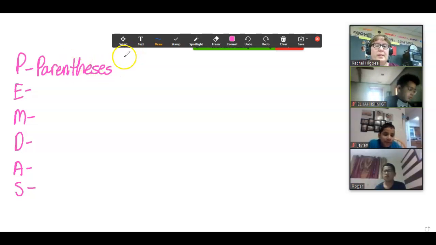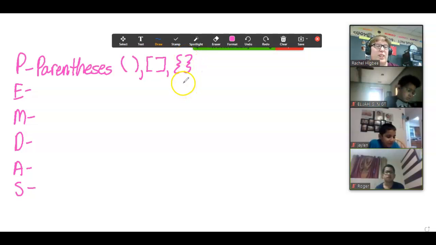Now, remember, parentheses look like this, okay? But it also stands for brackets that look like this and braces that look like that, okay? Which are kind of hard to draw. You got to practice that one. All of these mean the same thing. You probably are not going to see braces very often in fifth grade.